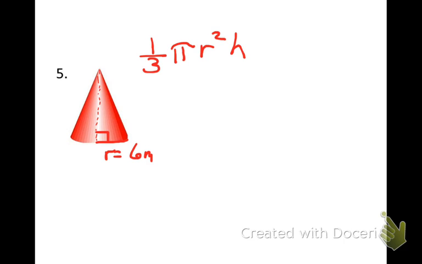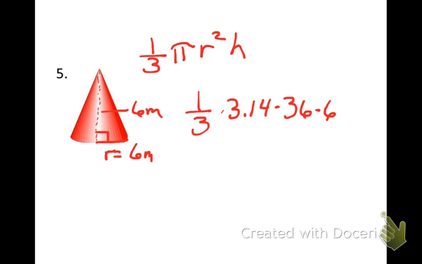Let's say that that is 6 meters also. Not very good in my drawing, but so 1/3 pi is 3.14. The radius here is 6, so we need to square 6 and get 36, and then times the height. So again, do all the math, divide by 3, you're going to get 226.08, and again, label it meters to the third, cubic meters.